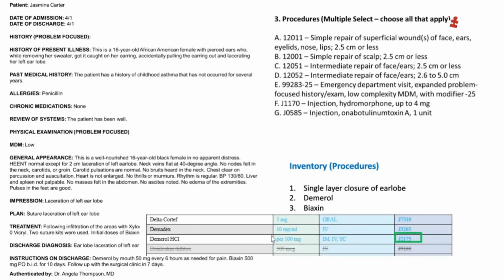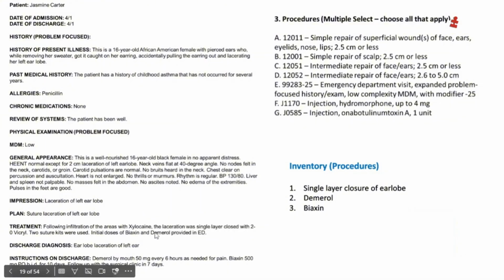I think my thing is off. Let's go back. I'm going to just point to it. So she was treated with Biaxin and Demerol in the ED. And we're going to have to code for the Demerol and the Biaxin.